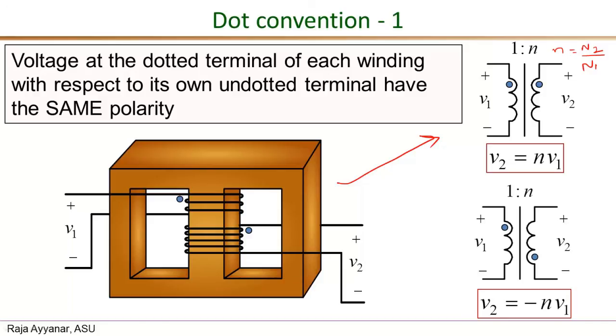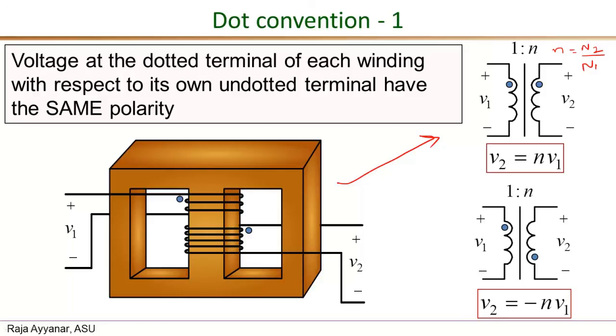Given this dot configuration, whenever V1 is positive, meaning the dotted end is positive with respect to the undotted end on the primary side, then on the secondary side also the dotted end will be positive with respect to the undotted end, but on the secondary side the dotted end is at the bottom. Therefore whenever V1 is positive, the lower end would be positive with respect to the top end on the secondary side. Which means V2, as defined with this assigned polarity, would be negative when V1 is positive, and therefore V2 is negative n times V1.